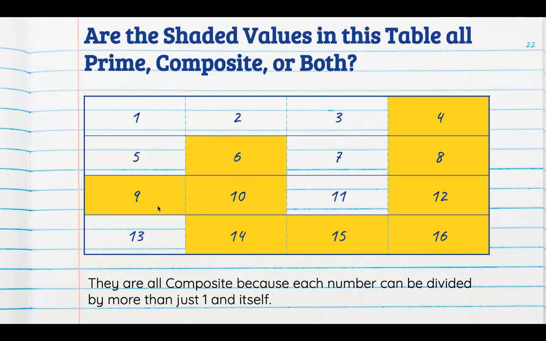And 9 can be factored into 3 and 3. So all of these numbers have numerous factors, which means they are all composite.